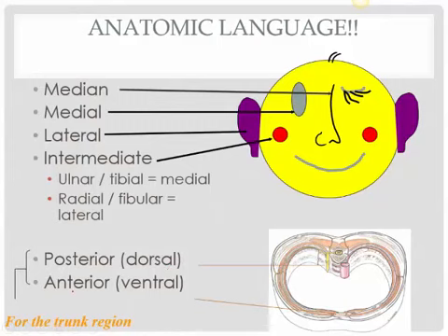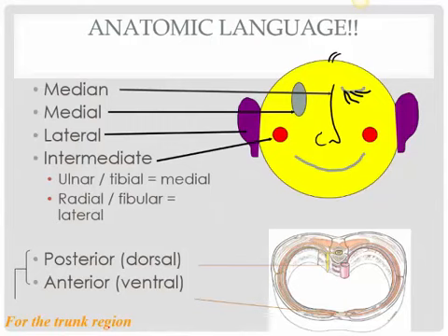Any structure lying closer to the front of the body, we use the word anterior, or we use the word ventral. This dorsal and ventral are typically true synonyms for posterior and anterior only for the trunk region. Later when we do the limbs, I'll tell you why they are not synonymous for other parts of the body, like for the lower limb especially, they are not synonymous. But for now you take it as posterior is the same as dorsal, anterior is the same as ventral.